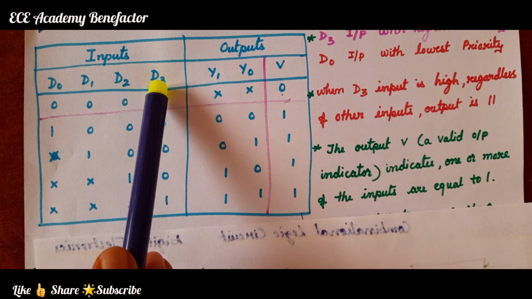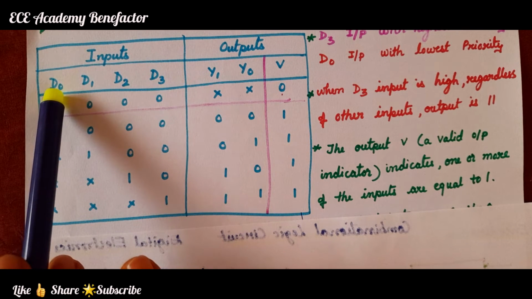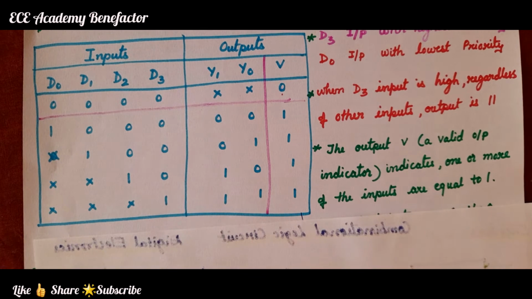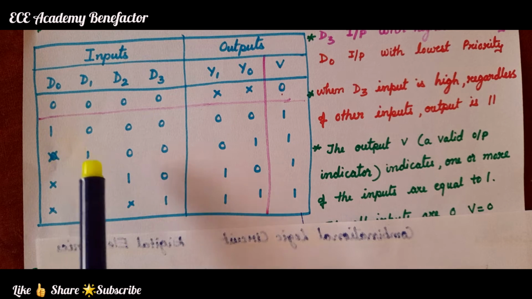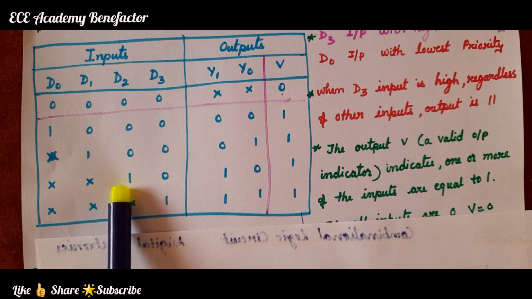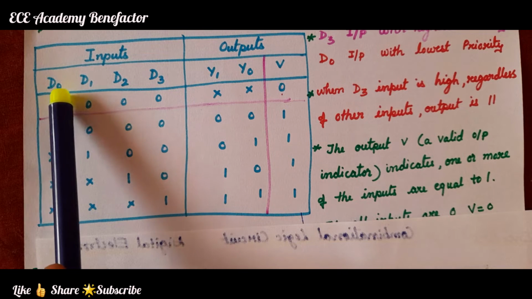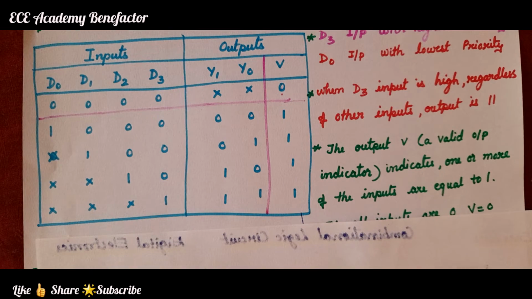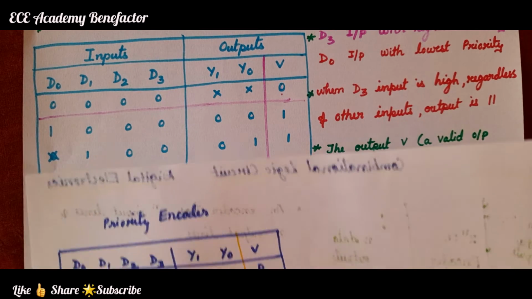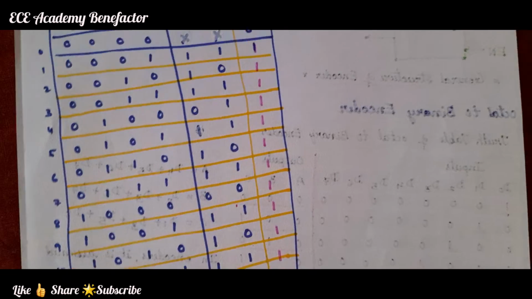Instead of the crosses, I have elaborated this truth table because for 4 inputs we can write 2 to the power 4, that is a total of 16 combinations. So the elaborated truth table of the priority encoder is given here.